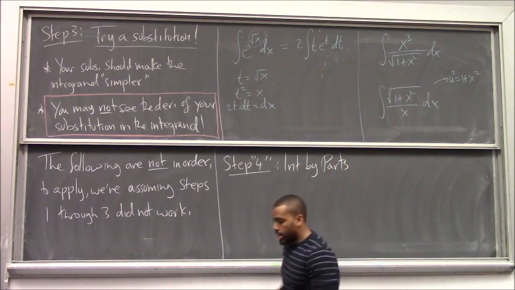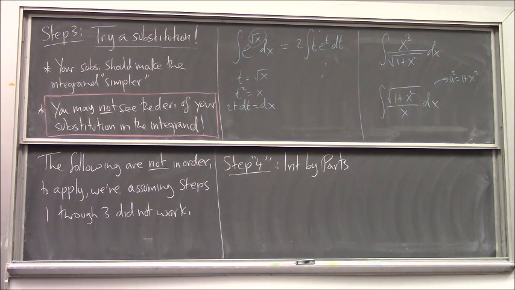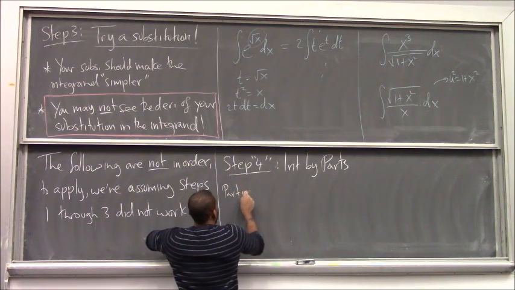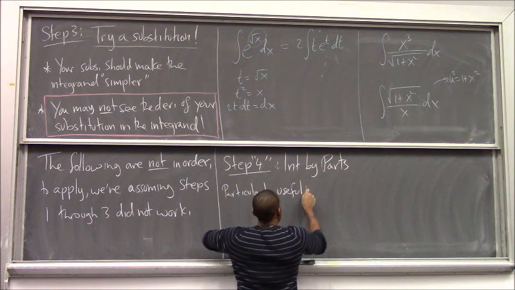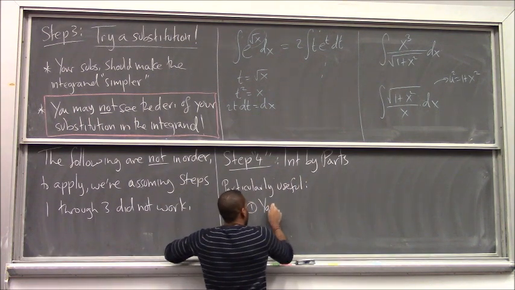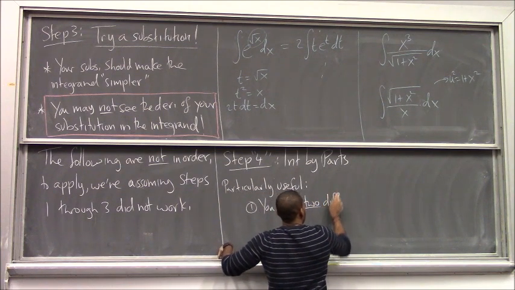Right? So you're looking at a random integral, it's not a basic rule, can't simplify it, substitution is not going to work out. Why would I think integration by parts? Why would this make sense to be, okay, maybe this technique is going to work out in my favor? It's particularly useful in 2 situations. 1, you have 2 different types of functions present.